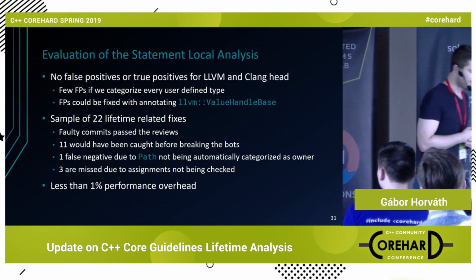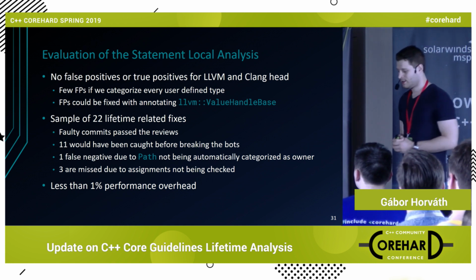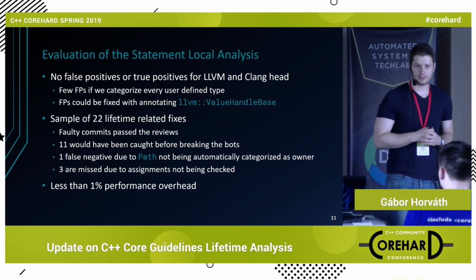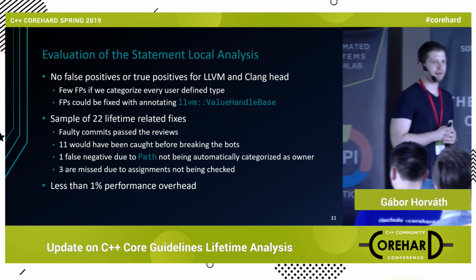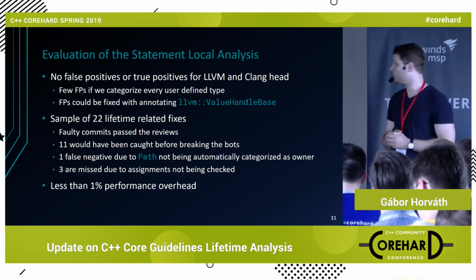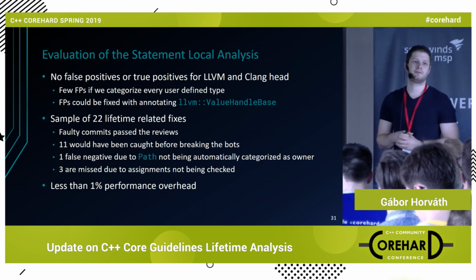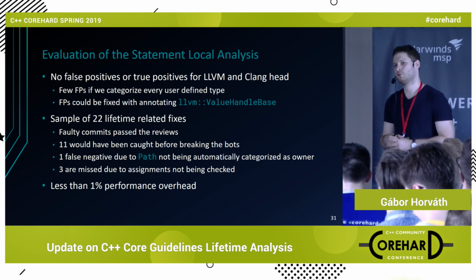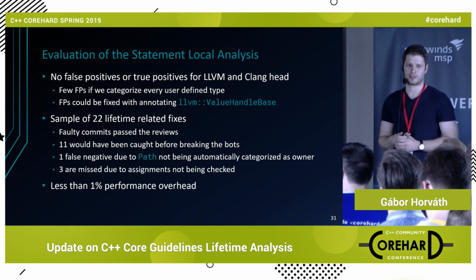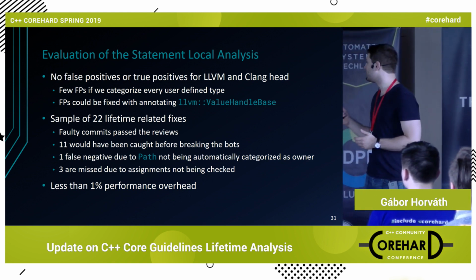So it looks like having these simple flow insensitive checks, we can actually prevent half of the lifetime related errors without having any false positives. So this is something that we are really excited about and would like to push into mainline Clang as soon as possible. And it also has very little performance overhead.